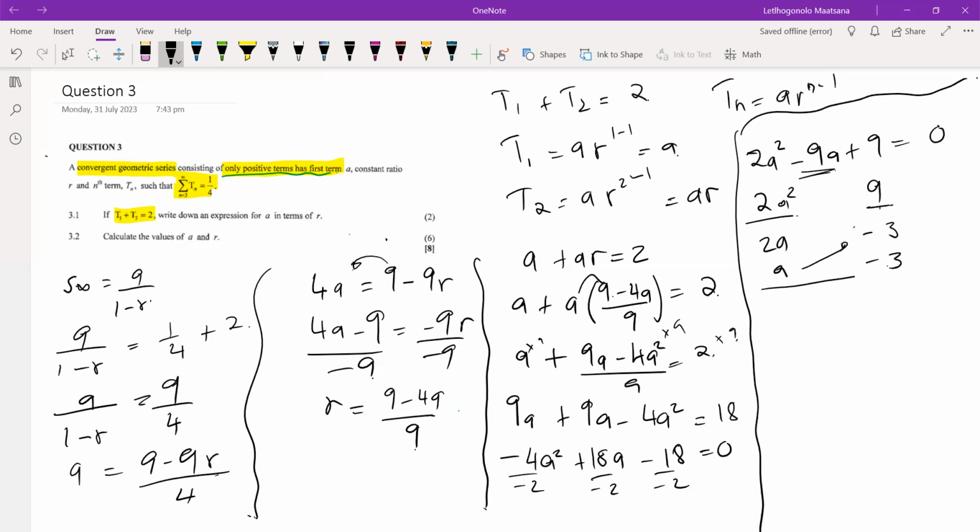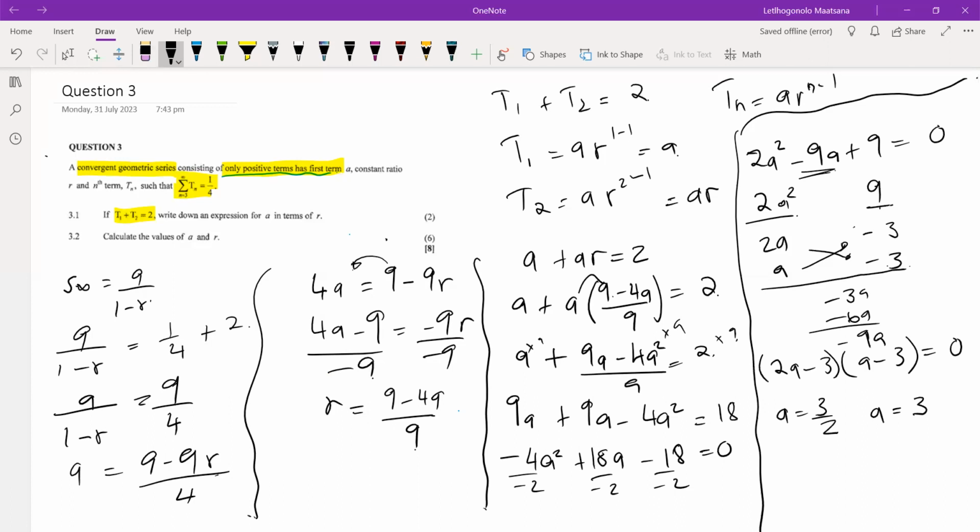If I cross multiply, I'll get −3A minus 6A, which will give me −9A. So I'm certain that these are my factors. My factors are (2A − 3)(A − 3), right? And I'll get that A is equal to 3/2, or A is equal to a positive 3.